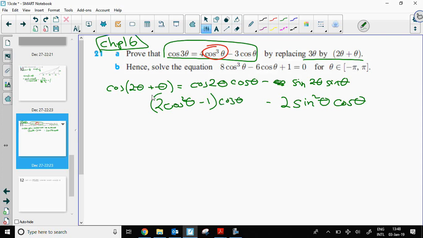We're then going to distribute through, giving us 2 cosine cubed theta minus cosine of theta. And then we're going to do something else that's not at all obvious, which is we're going to rewrite sine squared as 1 minus cosine squared theta.